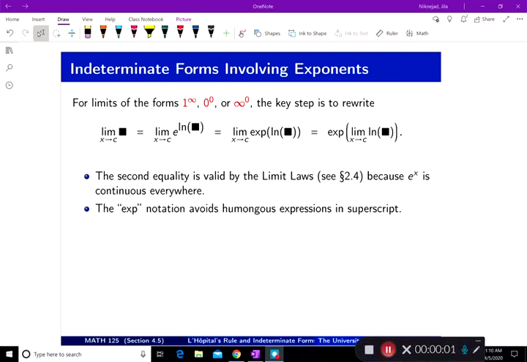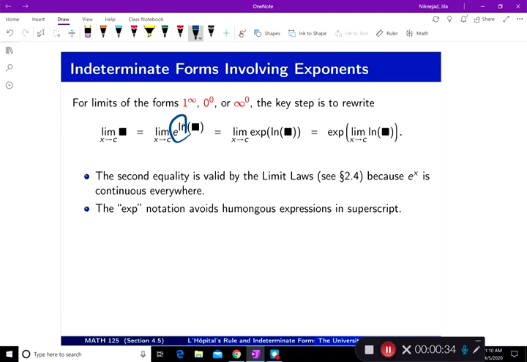One of the most important applications of L'Hopital's rule is finding limits of the form 1 to infinity, 0 to 0, and infinity to 0. The key step is to write the limit as x approaches c of whatever block you have as the limit of the exponential of the natural log of that block.